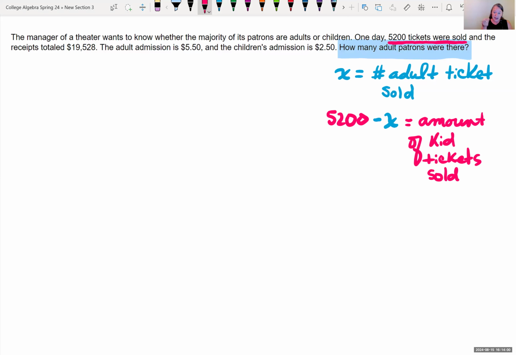Okay, so if we take how many adult tickets were sold times the price of the adult tickets, that would just give us how much money they made off of the adults. So an adult admission is $5.50. So I have $5.50 times the number of tickets sold.